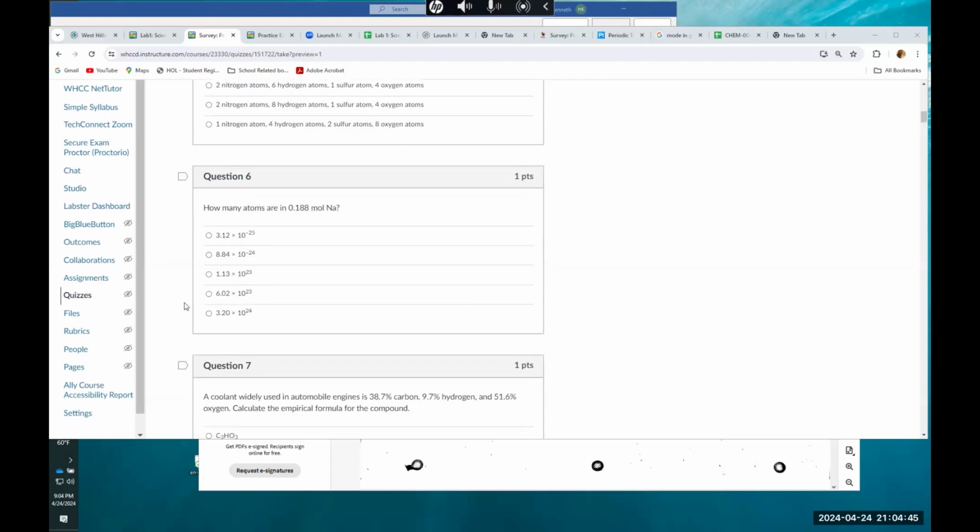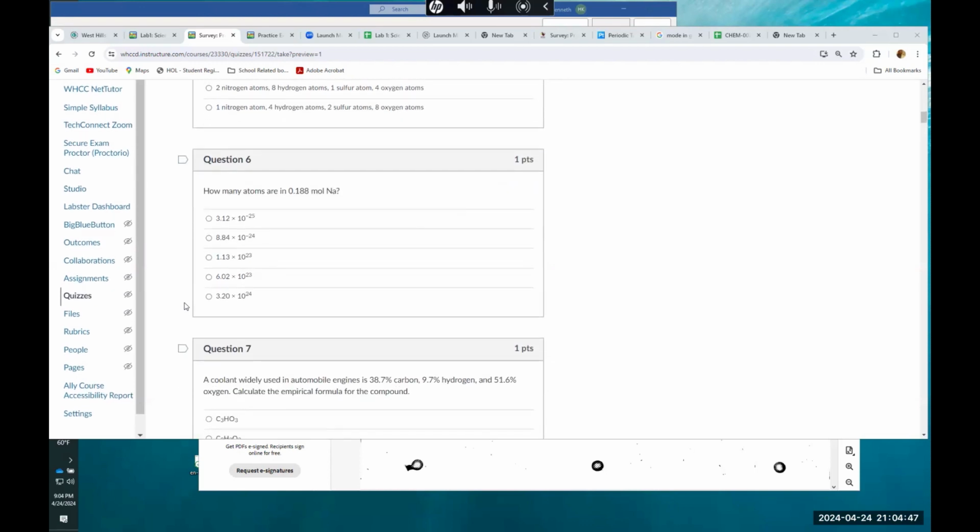Okay. Question number 6. How many atoms are in 0.188 moles of sodium? What do I need to multiply that by? Avogadro's number. I remember that: 6.022 times 10 to the power 23.